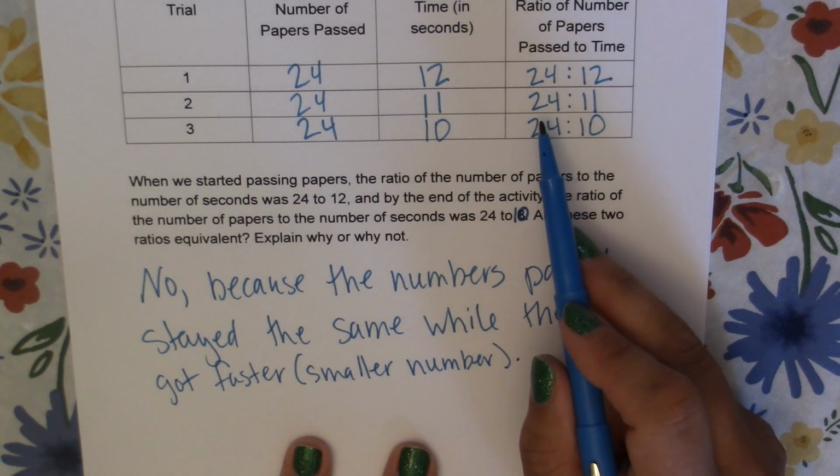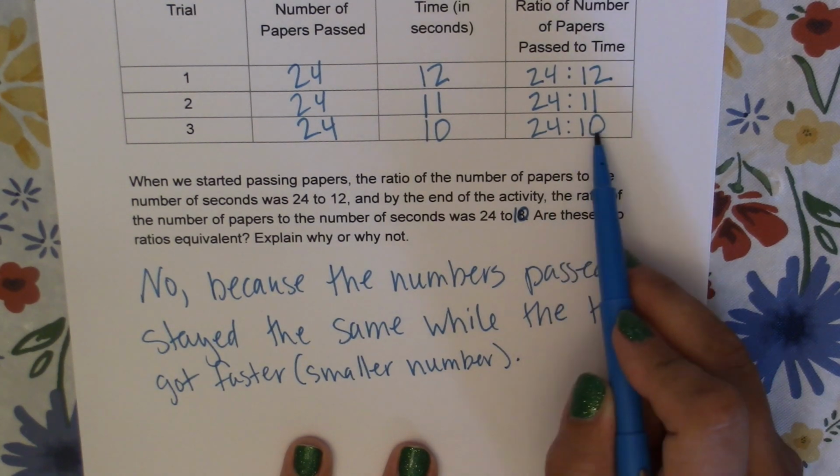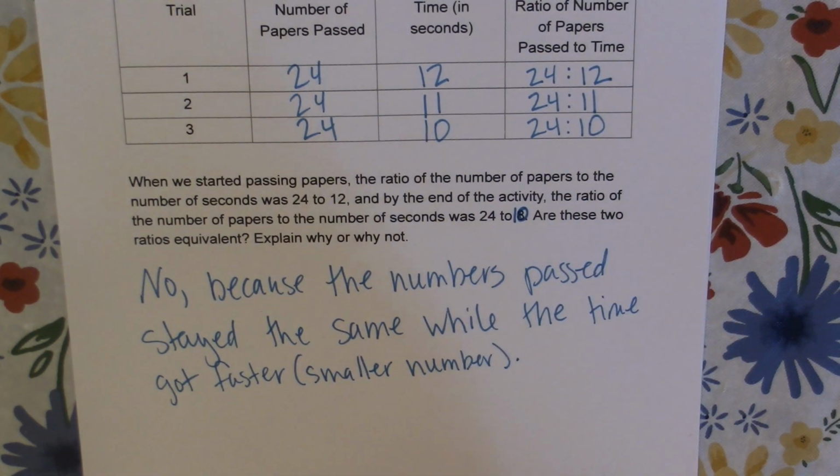When that first number stays the same but the second one changes, it makes those have a different value. They're not proportional to each other anymore.